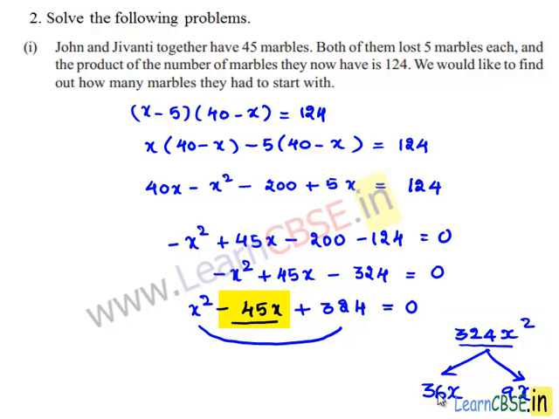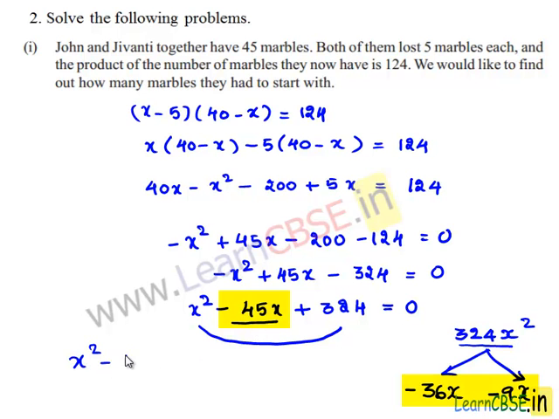The product of them is 324x square and the sum will be plus 45x. But here we have minus 45x. So if we put a minus sign here, then we get the product as 324x square and the sum will be minus 45x. So minus 36x and minus 9x will satisfy the two conditions.